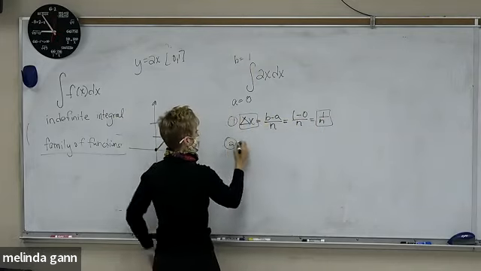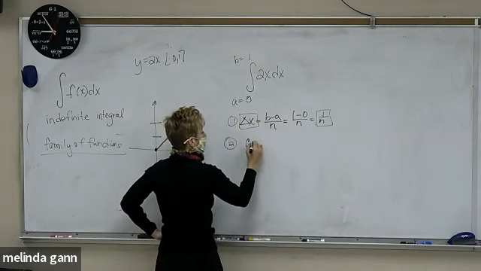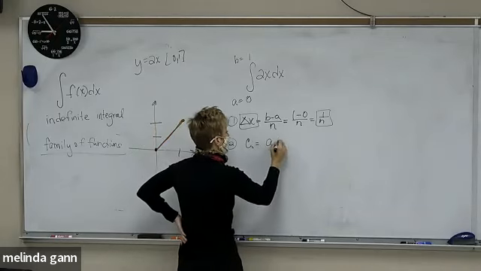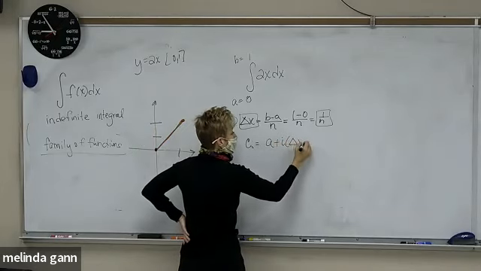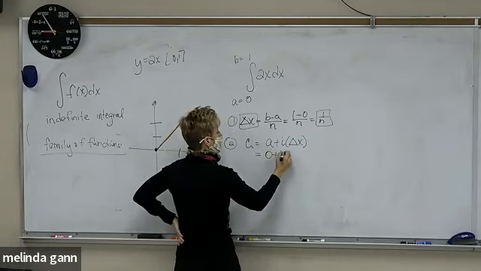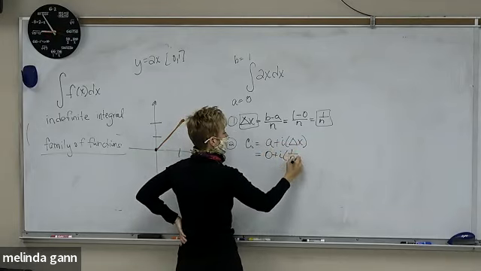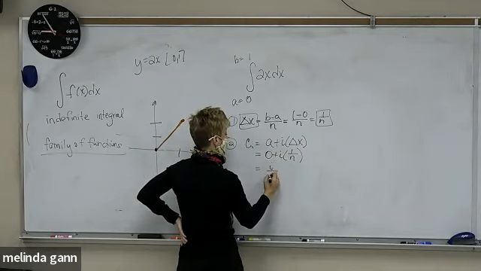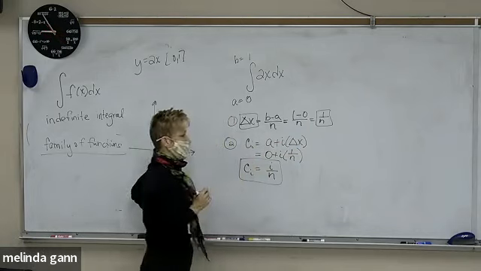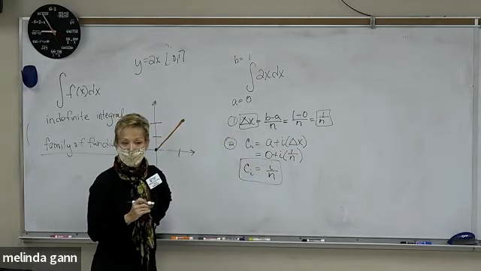What's my next step? I find c sub i. What's c sub i? A plus i times delta x. What's my A? 0. What's my delta x? 1 over N, so I get i over N. Everybody tracking with me? What's my next step?